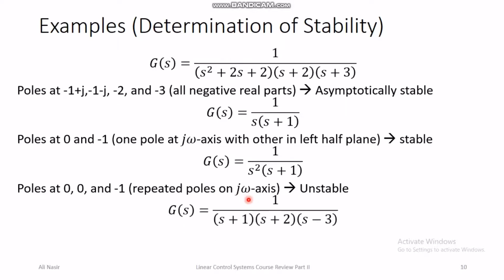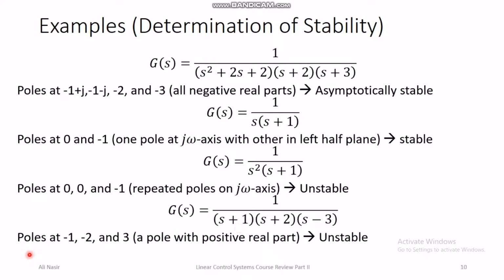Similarly, take another transfer function, which has poles at -1, -2 and +3, because s minus 3 will have a root at +3. Even if one of the poles is in the right half plane, or has a positive real part, then the system will be unstable.